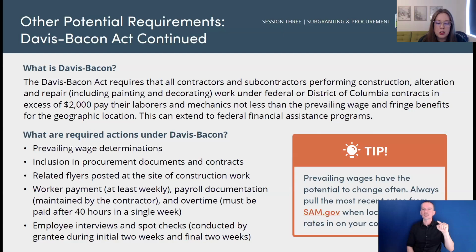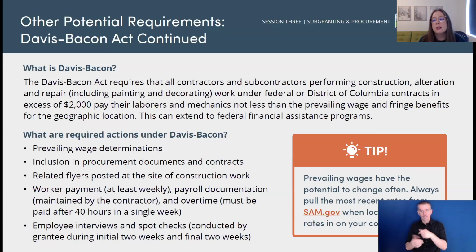These can change as often as weekly, and they're very, very specific to geographic area and to type of laborer. So there's a different rate for someone who is painting versus someone who is laying flooring, for example. You have to be sure that everyone who has a different function on the construction team is paid at the rate for the work that they're doing.